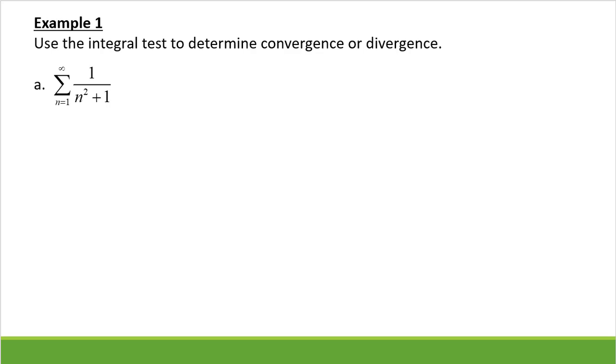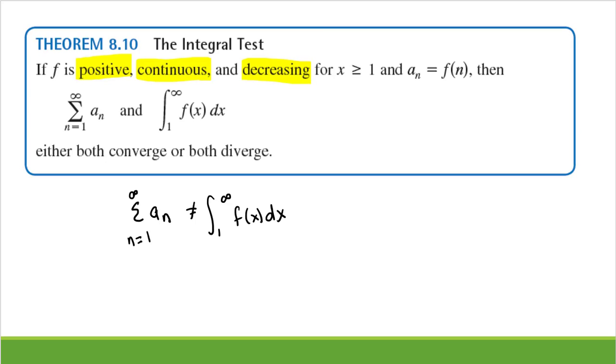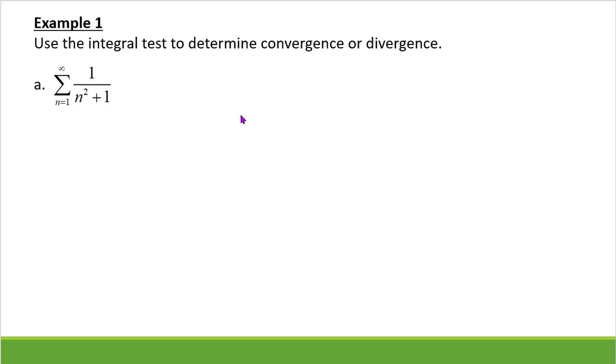Okay, so the integral test: use the integral test to determine convergence or divergence. So again, we need to prove that this function is positive, continuous, and decreasing. So we need to state these three conditions before we want to use the integral test. And that's really, really important. So first you have to realize that n squared plus 1 is greater than 0 for all n.